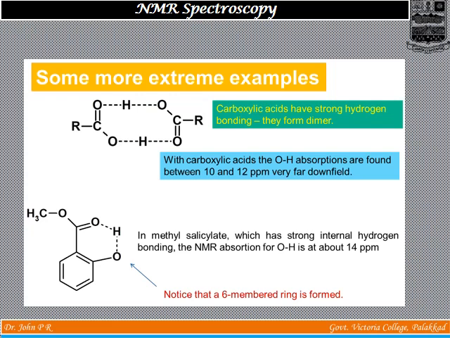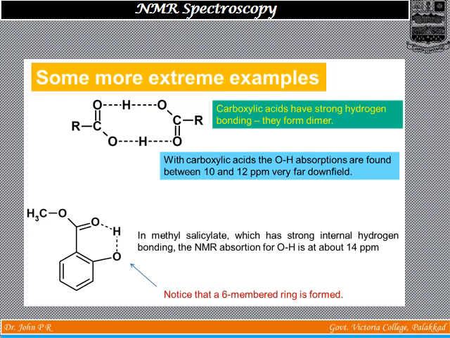So these two effects will make the carboxylic hydrogens appear very far downfield in the NMR scale.